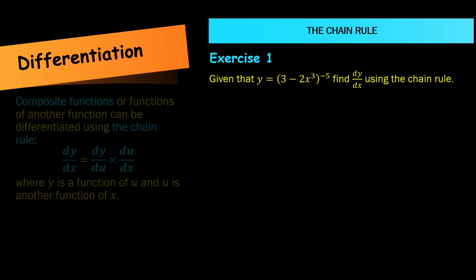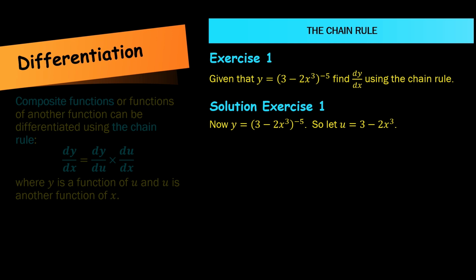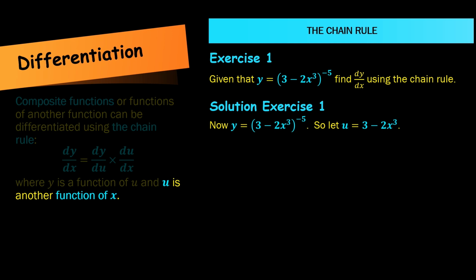In this example, given that y equals (3 minus 2x cubed) all raised to the power minus 5, find dy/dx using the chain rule. So let's solve this. We have this expression for y, and we let u equal the bit in the brackets, so u equals 3 minus 2x cubed.